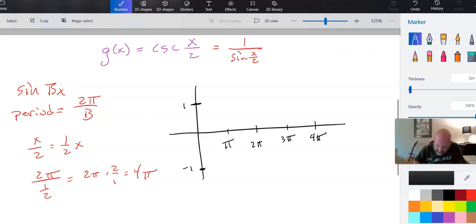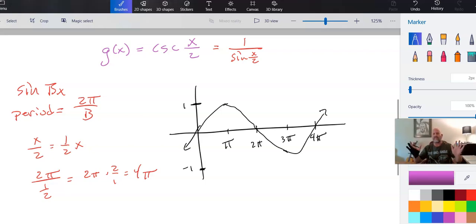And let's see what sine of x over 2 looks like. Sine starts at 0, peaks out at pi, down. Let's see, that's going to come back up this way. Something along those lines. Right? So as soon as we have that, once you understand it, you don't really have to do a lot of reasoning. You just look for zeros.